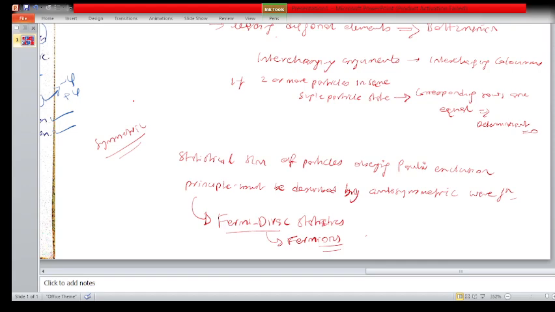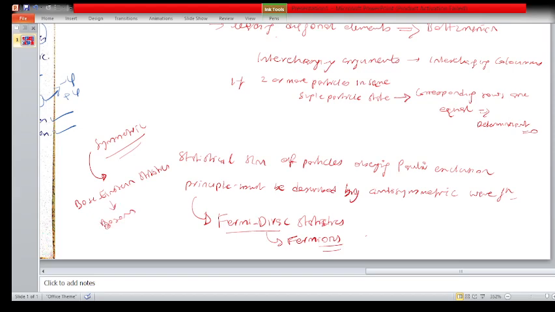So particles represented with the symmetric wave function obey Bose-Einstein statistics, and these particles are called bosons.